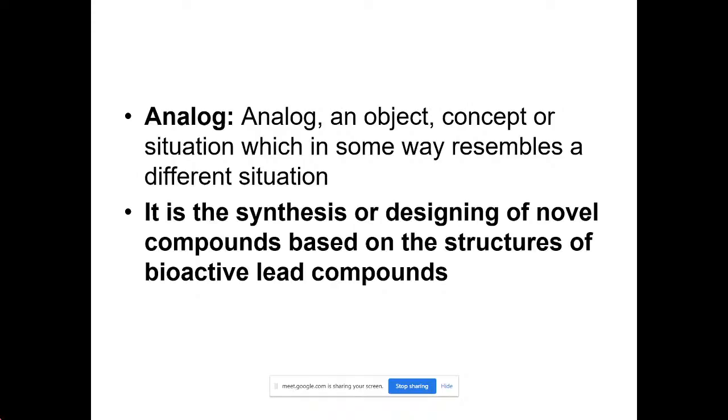So analog means an object, a concept, or a situation which in some way resembles a different situation. Here, it is the synthesis or designing of novel compounds in drug design based on the structures of bioactive lead compounds.